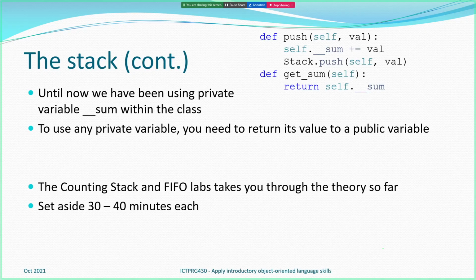So we create a definition, and we make it a public one. So we're defining getSum, and we return self dot and then the private variable.